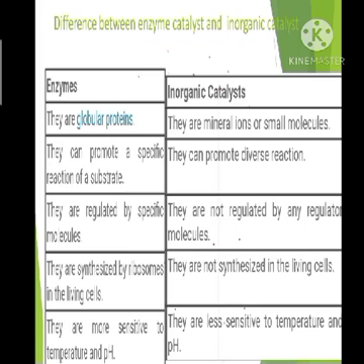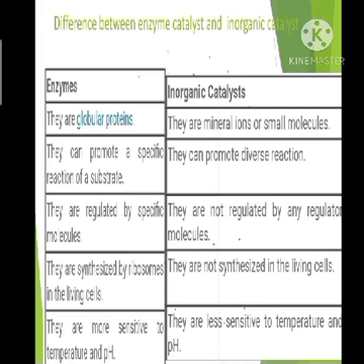Enzymes can promote a specific reaction of a substrate, but inorganic catalysts promote diverse reactions. Several reactions can be promoted by an inorganic catalyst. Enzymes are regulated by specific molecules and no such specific regulator molecules are there in inorganic catalysts.